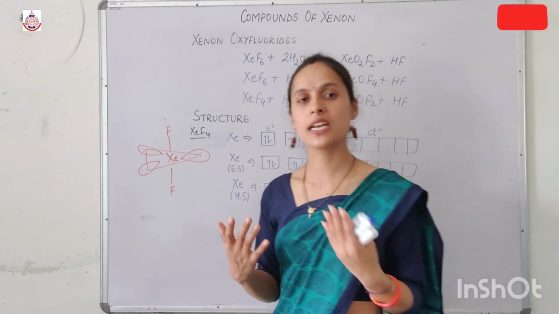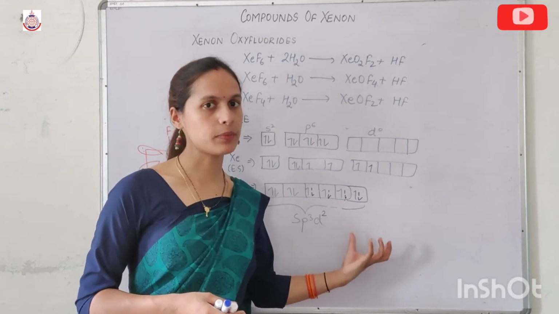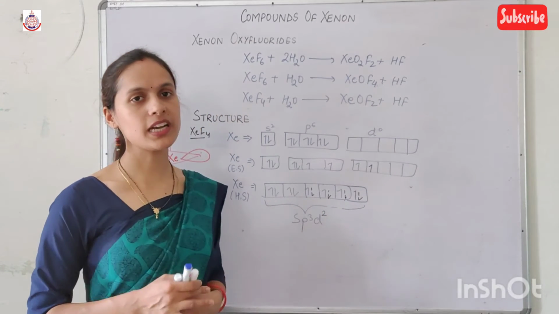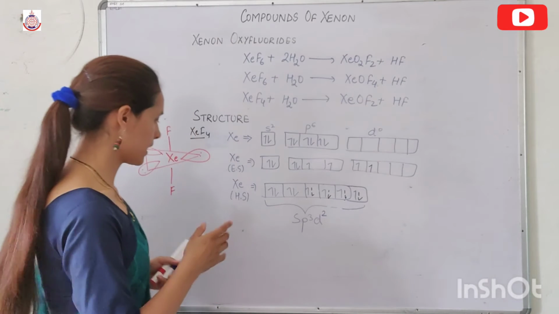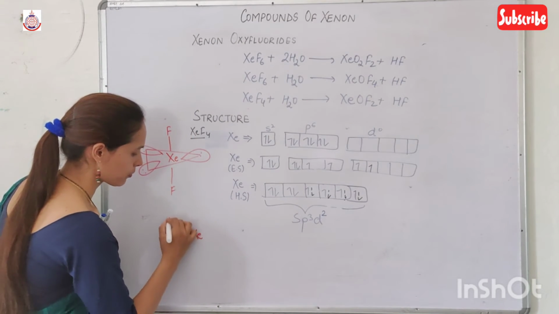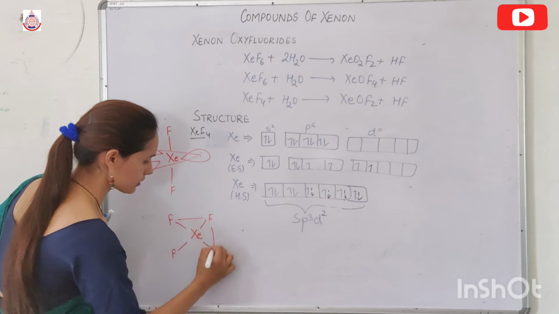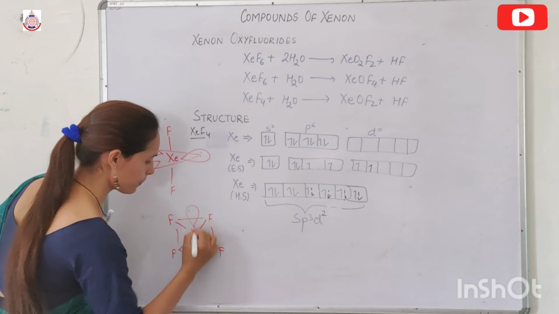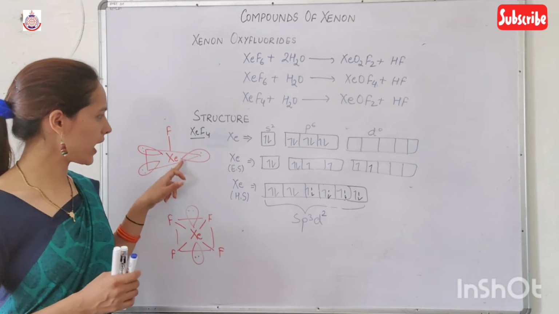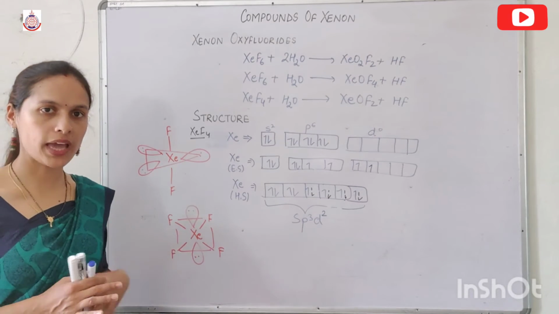We have studied in 11th class that sp3d2 hybridization means octahedral, but due to the presence of 2 lone pairs, it becomes square planar. So the structure becomes like this: XeF4, square planar, with one lone pair here and another lone pair here. So the shape of XeF2 is linear, and the shape of XeF4 is square planar.